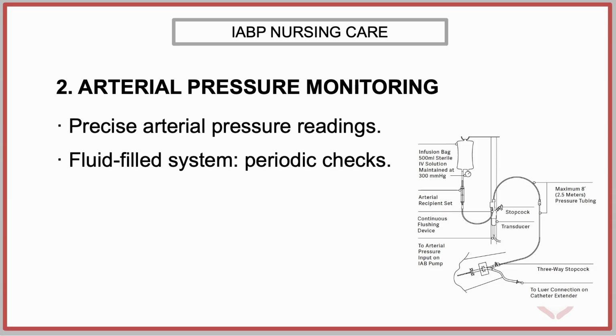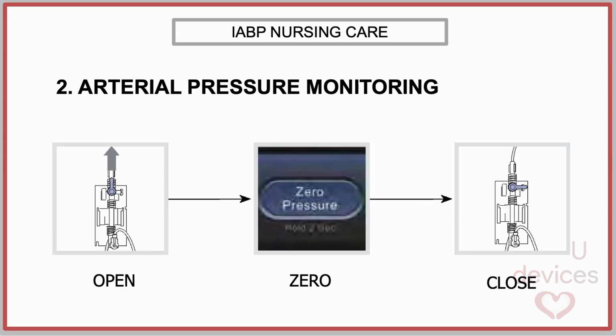Additional care considerations include ensuring the integrity of all connections, preventing kinking or air bubbles in the line, and maintaining the IABP catheter insertion site under sterile conditions. Recalibration of the transducer may be required to maintain accuracy, particularly when the patient's position changes or when the monitoring system is opened or manipulated.